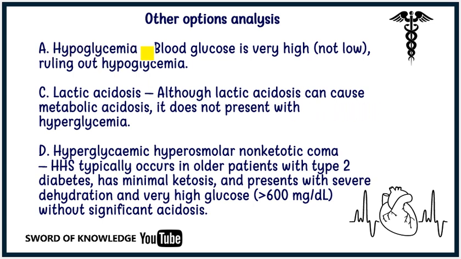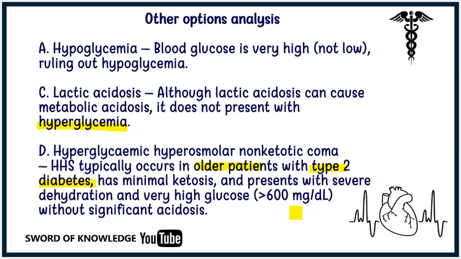Option E was hypoglycemia, but the blood glucose level is high, so this is not the option at all. And C was lactic acidosis. Although lactic acidosis can cause metabolic acidosis, it does not present with hyperglycemia. Hyperglycemia was present in this case, and the most confusing one, hyperglycemic hyperosmolar non-ketotic coma, typically occurs in older patients.